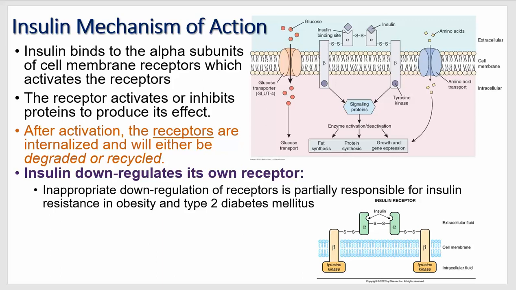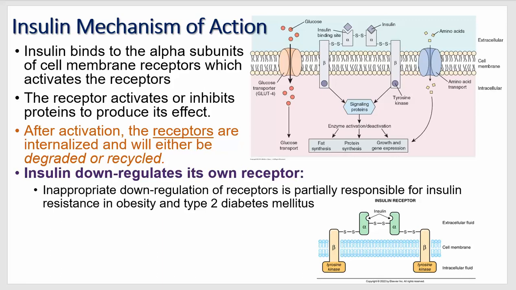What we're interested in is that the insulin will bind to a receptor. Okay? And when they bind, they will cause these receptors to have an internal mechanism, kind of like we saw with G protein coupled receptors, but they'll be like the second messenger mechanism, where they phosphorylate things, and then they will activate signaling proteins.